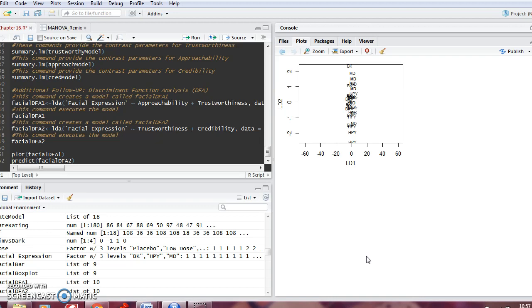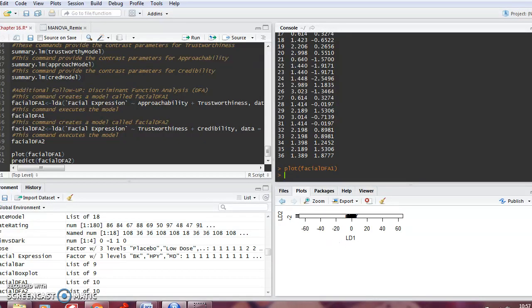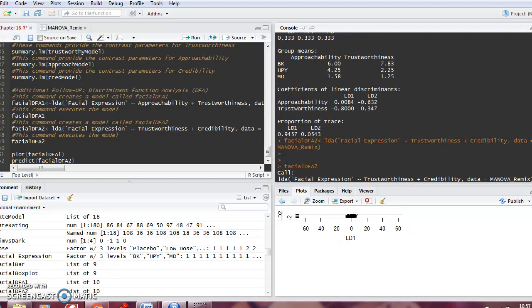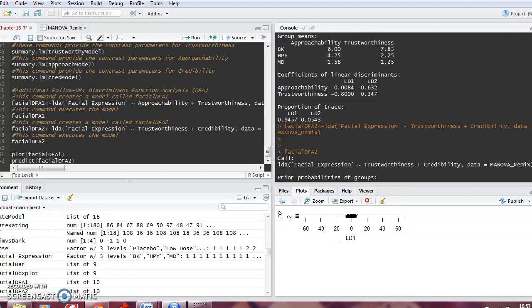Damn near everything is distributed along the horizontal axis, so that shows our first variate accounts for 94.5%, and the second variate about 5% of it.